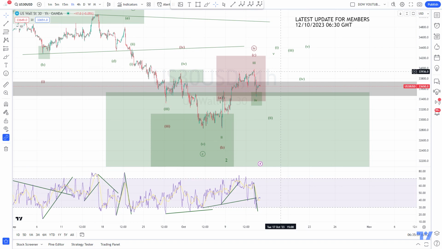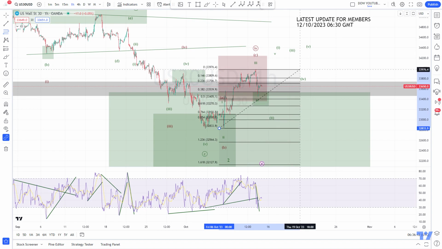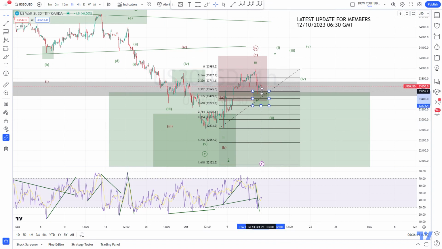So what's crucial to watch today is that we are currently reaching wave 4 area in the bullish scenario. If we take the length of the wave 3 here, then our wave 4 area has been reached, the area between the 0.382 and the 0.618 Fib retracement.